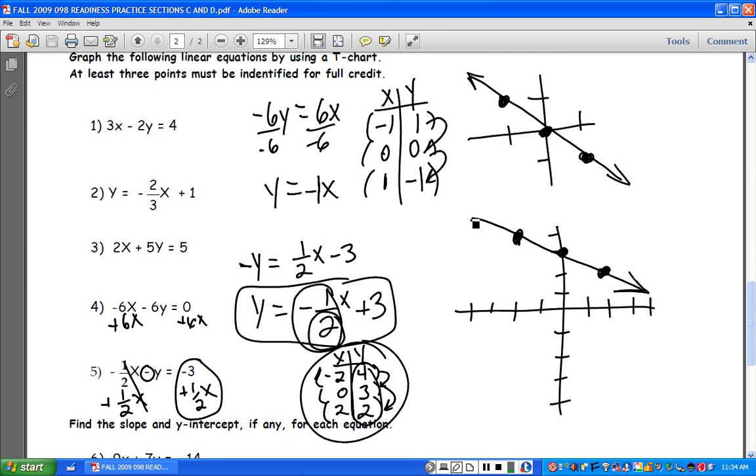So there's your line. The thing about 1 through 5 is you have to use the T-chart. Again, there are other methods of graphing, but they specifically want you to use a T-chart, so that's why we've chosen this particular method to display our graphing for all 5 of these equations.